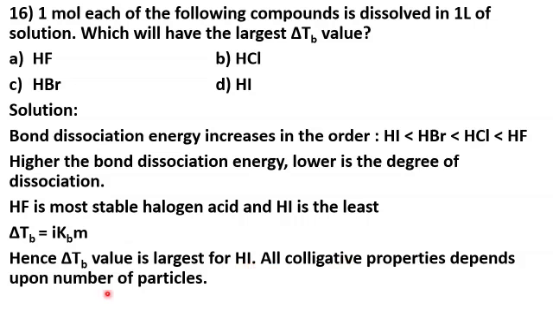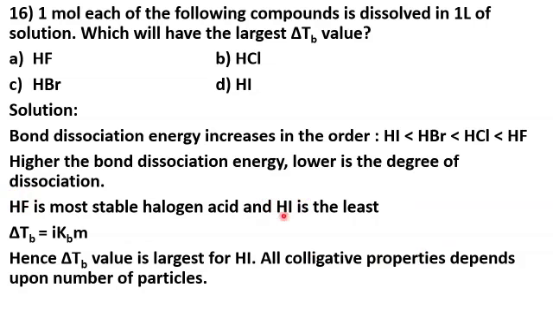All colligative properties depend upon number of particles, because here HI is undergoing more dissociation compared to HF. HF is having higher bond dissociation energy, that means lower degree of dissociation. So number of particles in the solution formed by HF is lesser compared to HI.